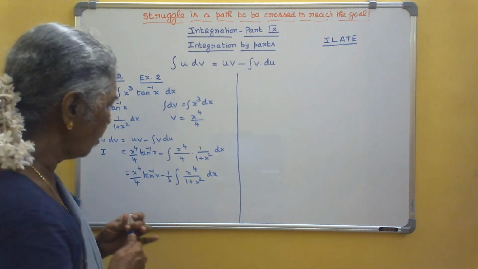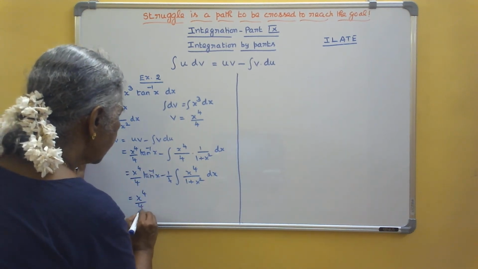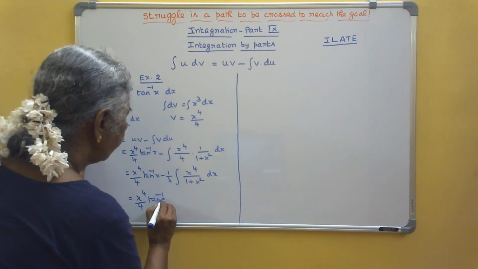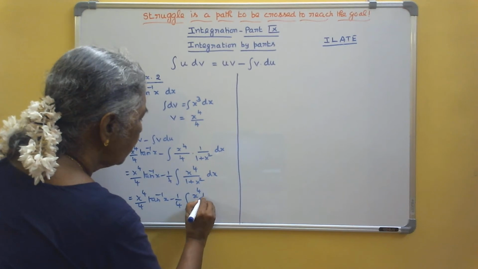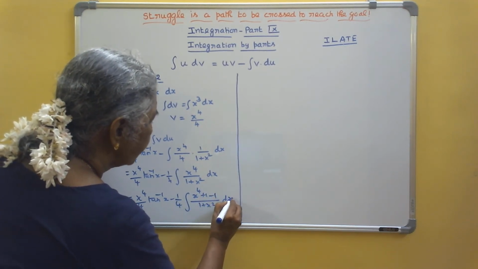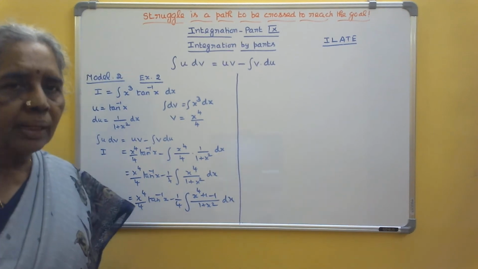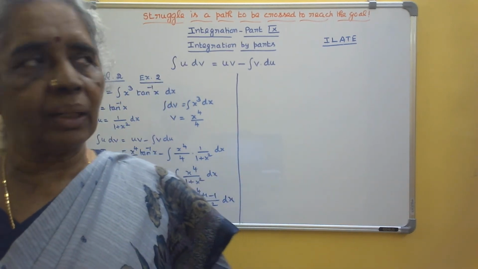Okay. So now, I am going to write the first term as it is. Then in the second term, I am going to add and subtract 1 in the numerator. When I do the next step, you will understand why I am adding and subtracting 1.